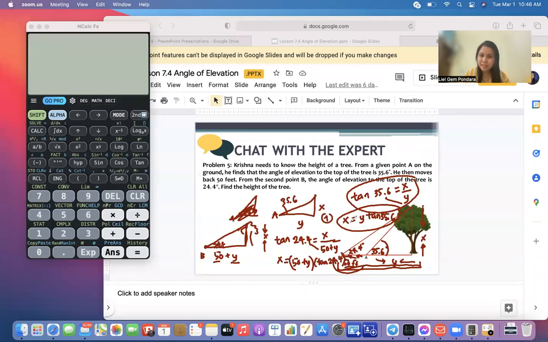Okay, now you need to take note. This is our first for the smaller triangle. This is for the big triangle.